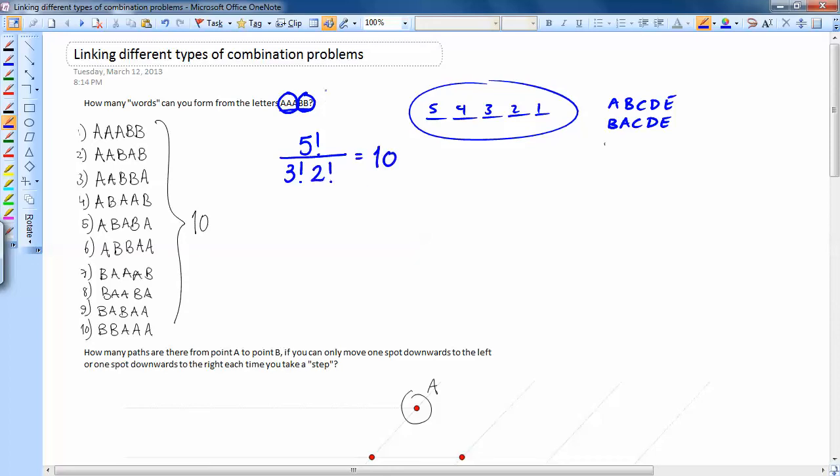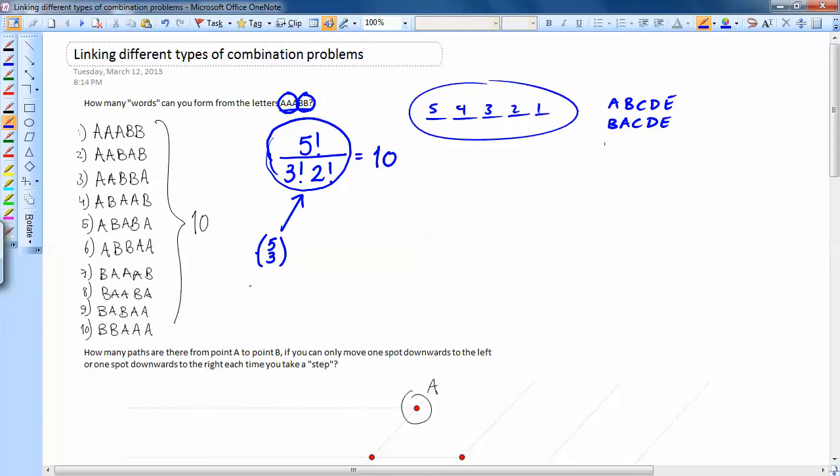So this is one that hopefully you learned last year. I think it takes a little while before it really sinks in how that works. So part of it is just kind of trusting it for now and linking this idea to all the other ones. So this right here, again, we can also write it as 5 choose 3, which I think in this context doesn't make a ton of sense.